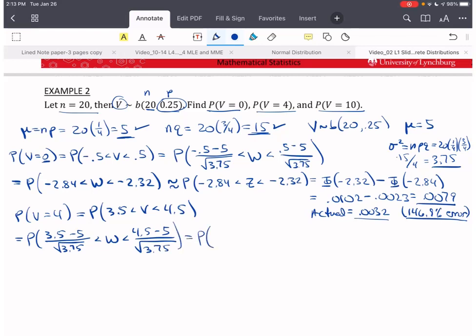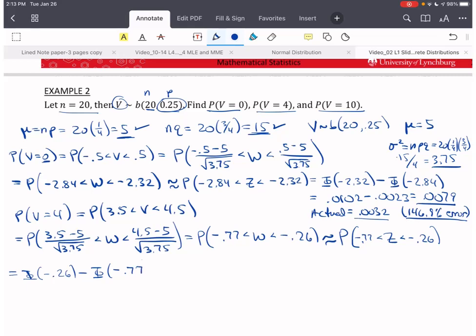This is the probability that W is between negative 0.77 and negative 0.26. Our approximation is to change to the standard normal, Z, which is equal to phi of negative 0.26 minus phi of negative 0.77.